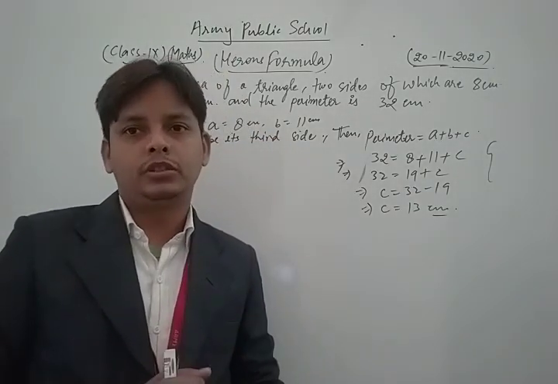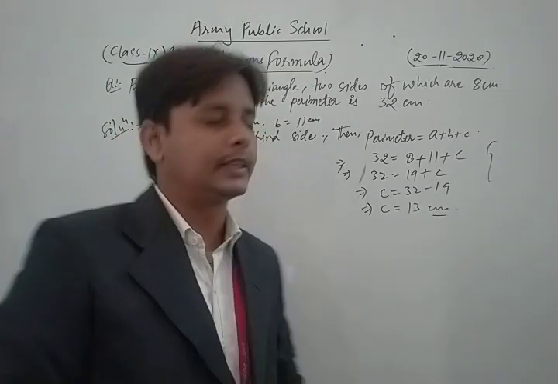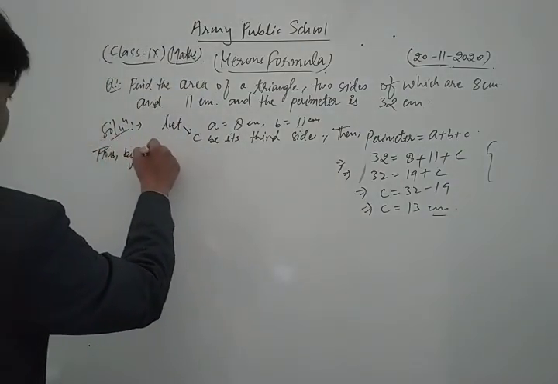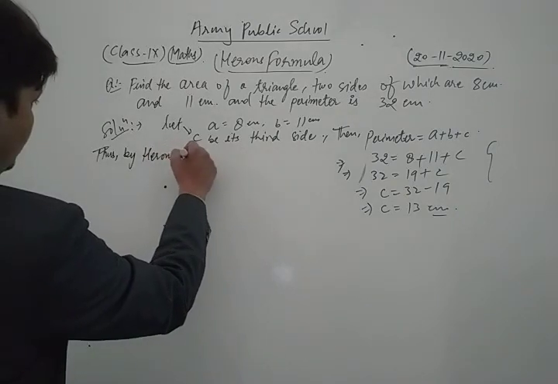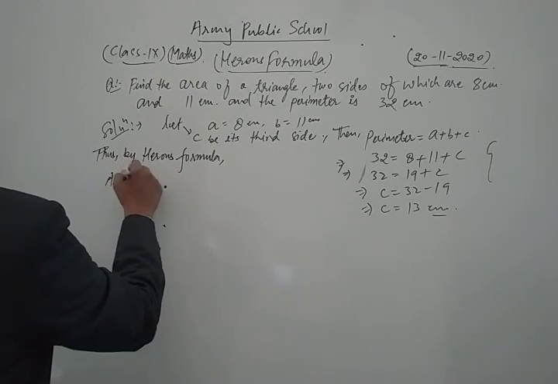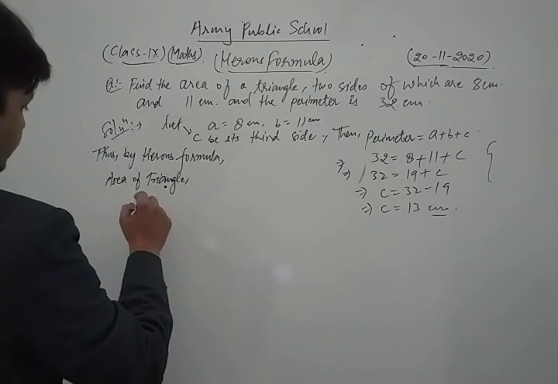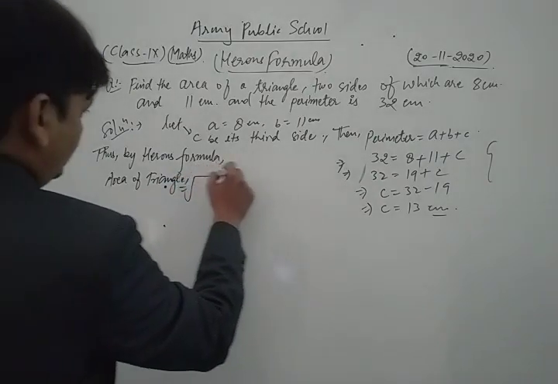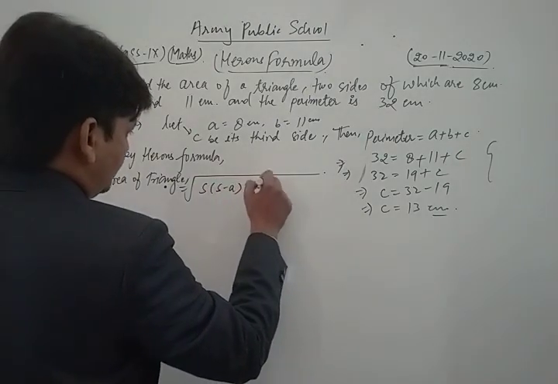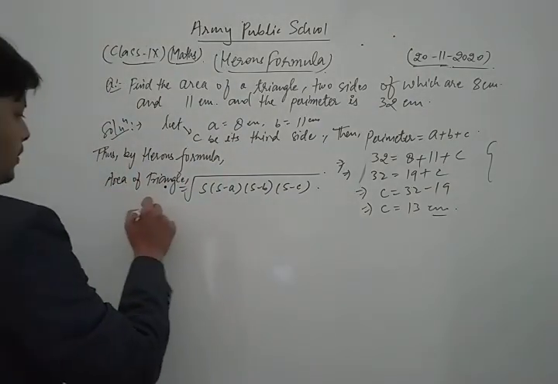Now we apply Heron's formula, and by the help of Heron's formula we find the area of that triangle. Thus by Heron's formula, area of triangle is the square root of S into S minus A, S minus B and S minus C. Now we put the values.